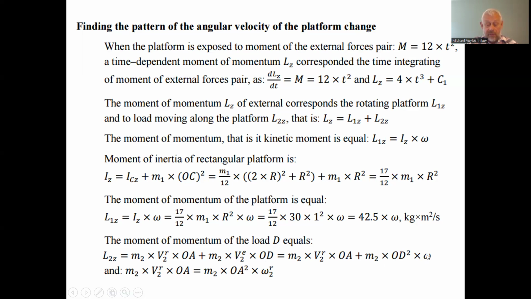So we have angular velocity to the first degree and OD squared, and this OD is the square root of 1.5 r as one leg squared plus s squared, where s is the instantaneous coordinate of the relative location of the load in the channel, assigned by the pattern of the motion of the load. This gives the relative motion characteristic.